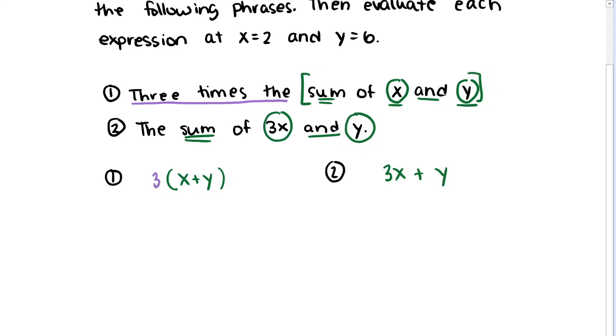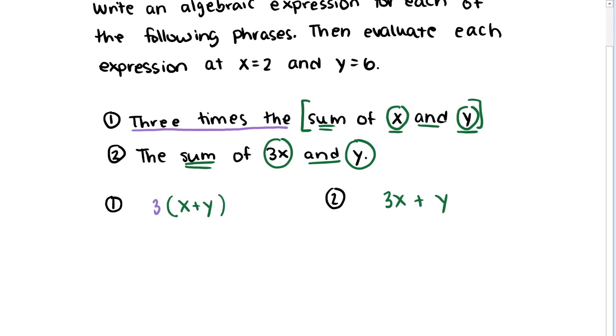A lot of the same words are used in these two expressions, but we actually get quite different results. One is saying 3 multiplied with some group, and the other is saying 3 times something and then add it on with something else. So they're very similar sounding phrases, but they end up with quite different expressions.